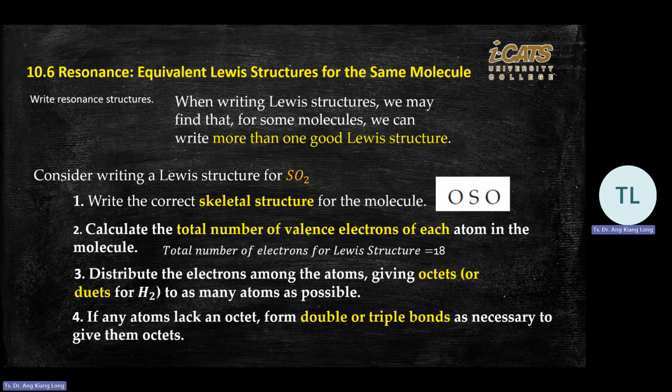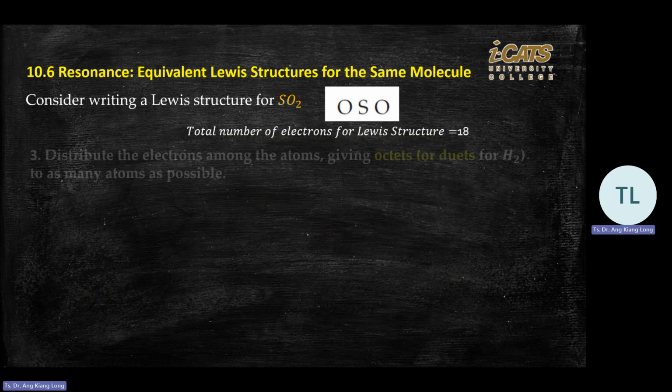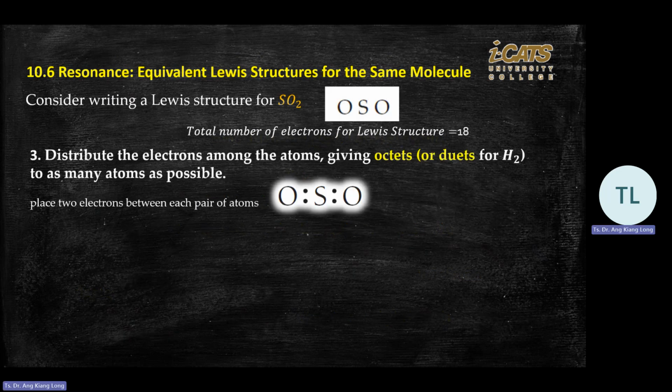So when you group, right, step number 3, apply octet rules or duet rules, and then give bonding. All right, double bond or triple bond. So you distribute in the middle, sulfur, you got 4 in the middle, although it's 6, right?